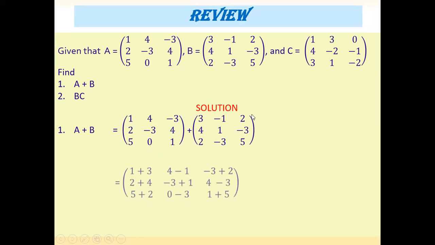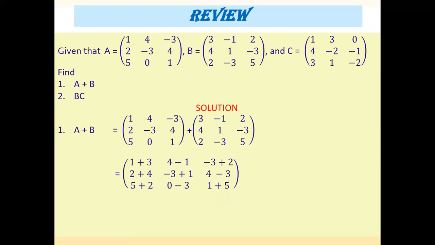If you take each element and add it to the corresponding element in the other matrix, you would have this as your answer. We also said that we cannot add two matrices together unless they are of the same order. So you cannot add a 2 by 3 matrix to a 2 by 2 matrix. That would not work out.